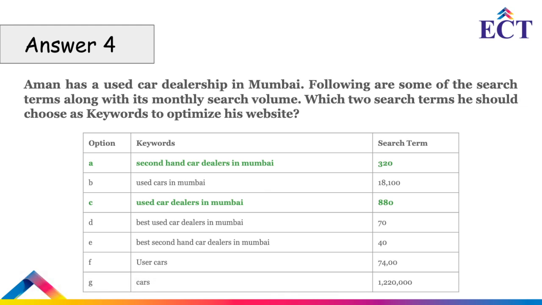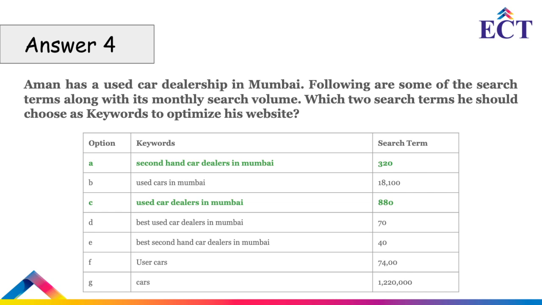When we say cars, G cannot be an answer because car is a broad term. It is not relevant to a used car dealership in Mumbai. It is remotely related, so G will not be there.